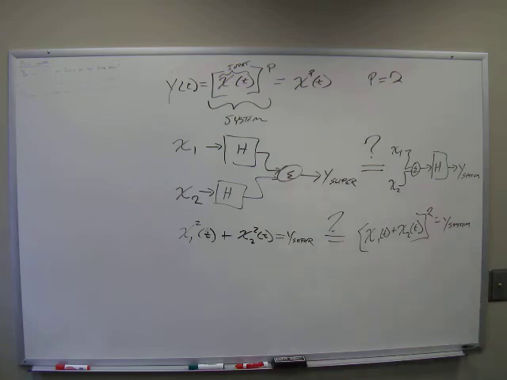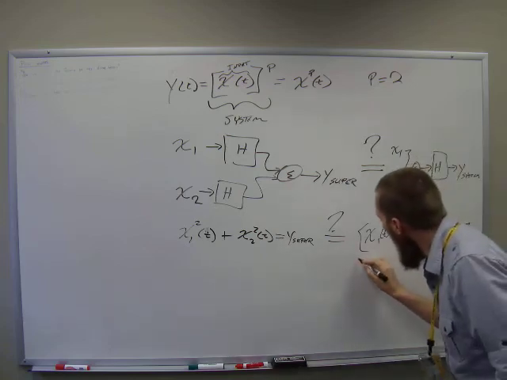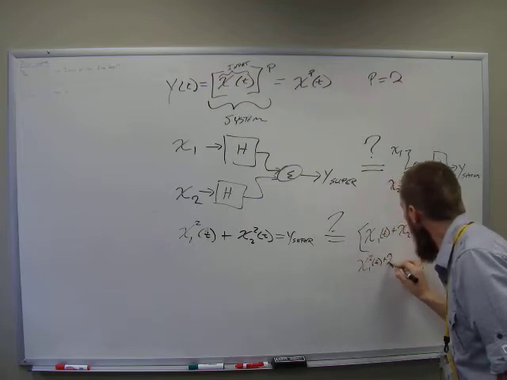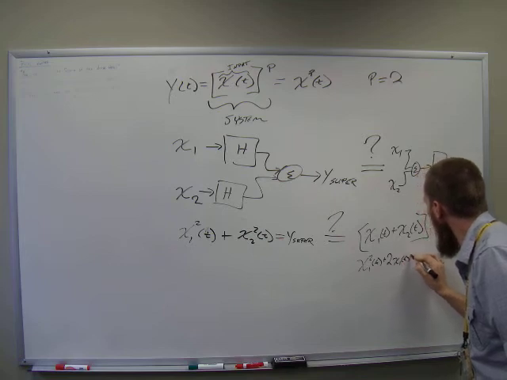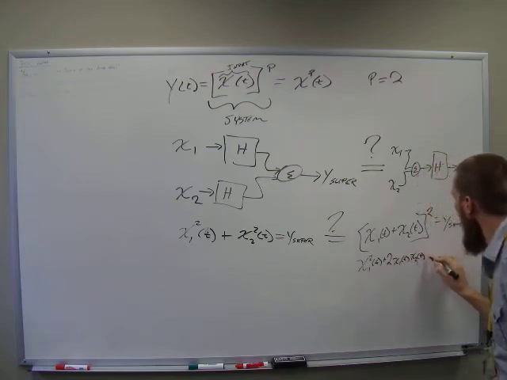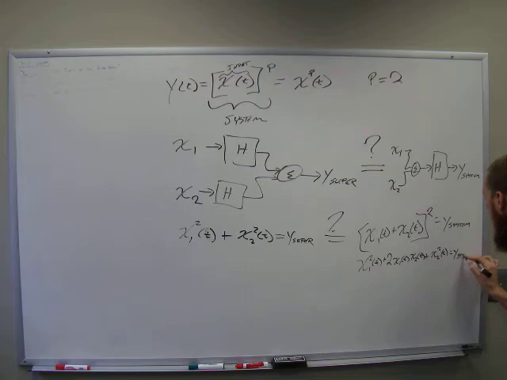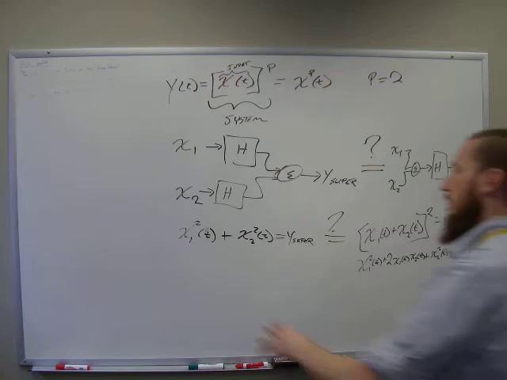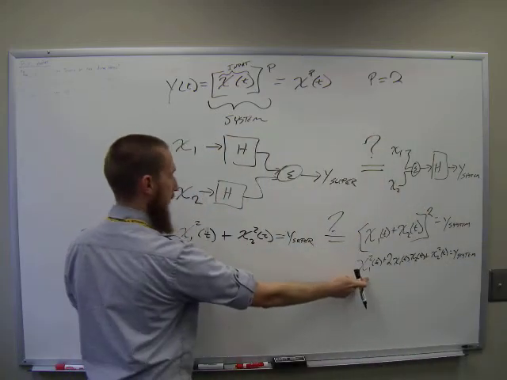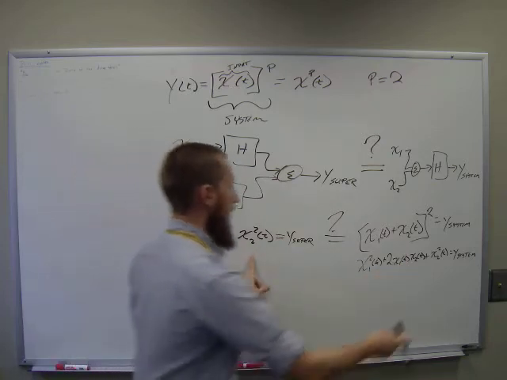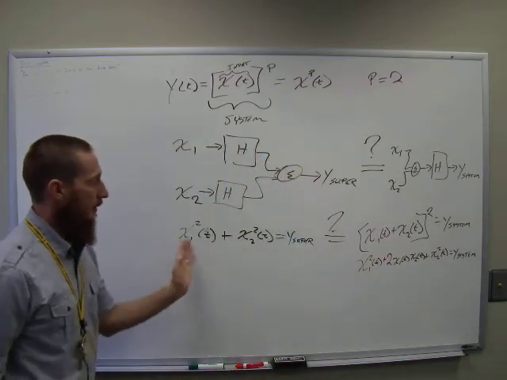If we multiply this out, we get x1 squared of t plus 2 x1 of t x2 of t plus x2 squared of t, which is equal to y system. Are these equal? This has this other quadratic term in it. These are not equal.